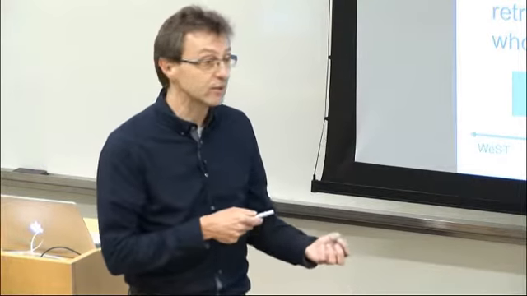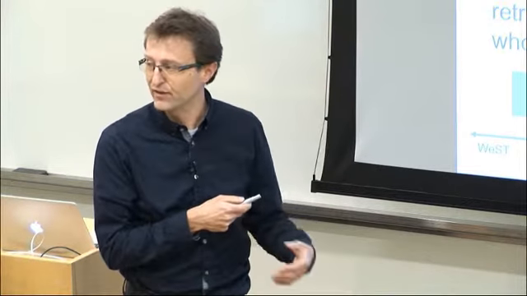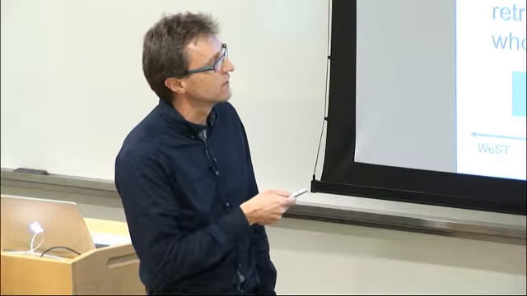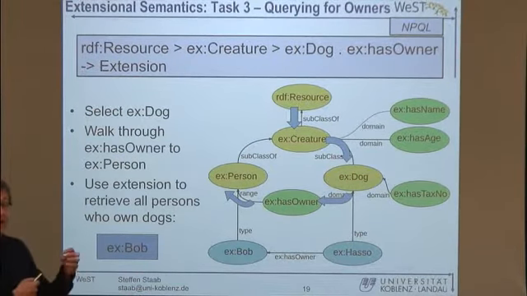What you could easily do here is you could do meta modeling. And in fact, RDF has some meta model approach. So this, for example, creature is a subclass of resource, but it's also an instance of the RDFS class.